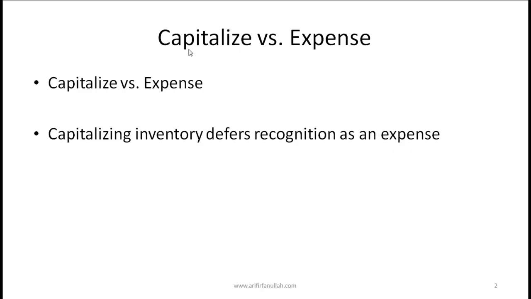Let us start by talking about the concept of capitalizing. The basic idea is simple. When you spend money on inventory or on fixed assets, if you create an asset, then we say we have capitalized the cost. So say in 2010 you buy inventory worth $2 million, and let's say that this happens in December.